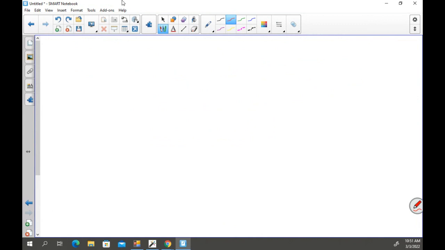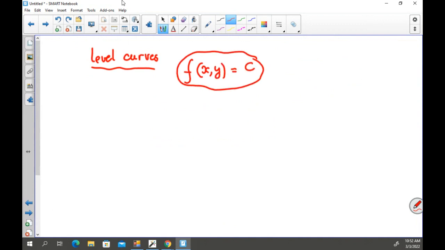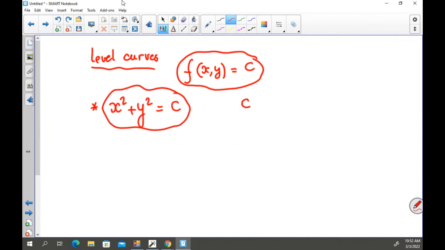So here, this question on level curves. If you remember the definition, then basically level curves are given by f of xy equal to a constant c. So in this case, what is f of xy? x squared plus y squared equal to a constant c, where c here has to be a positive number, like 1, 2, 3, 4, 5.